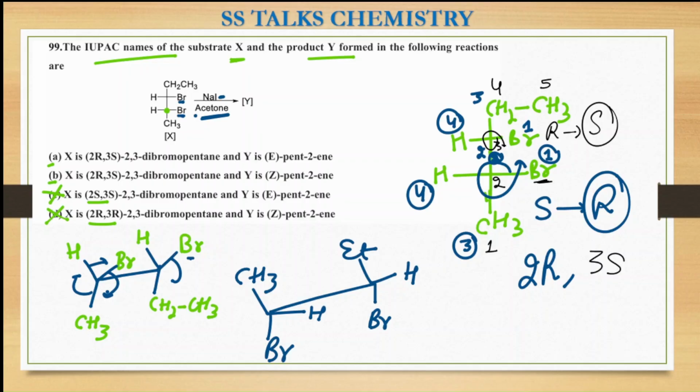Now again you can do the 180 degrees rotation, just interchange this particular substituent. So you will be getting this particular species. The Br group will be coming on this side, ethyl will fall on this side, hydrogen will be on this side, and on this carbon center Br, and here is this hydrogen and this methyl. So this is the exact conformation of the Br groups we want for the reaction to proceed.